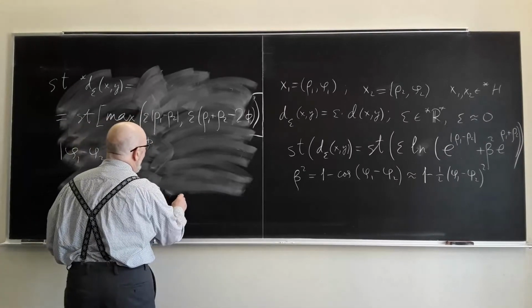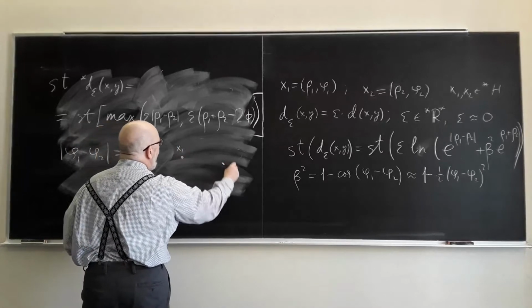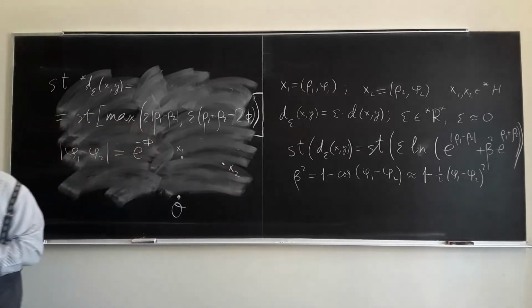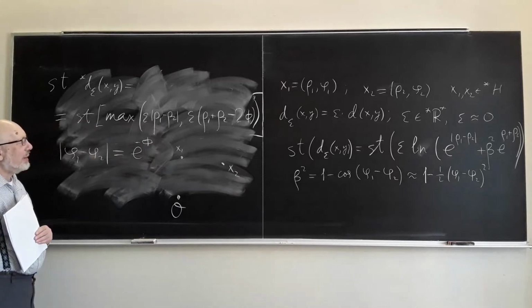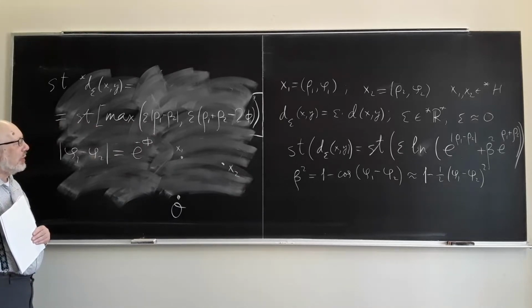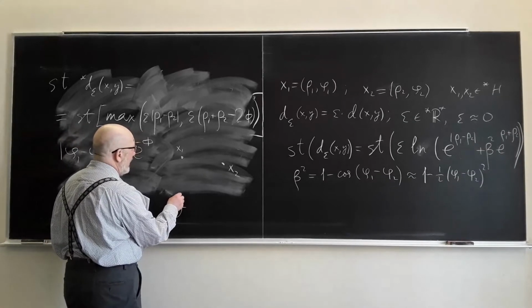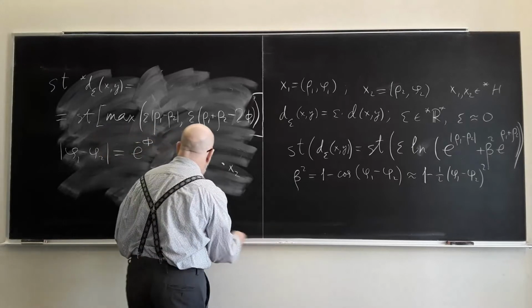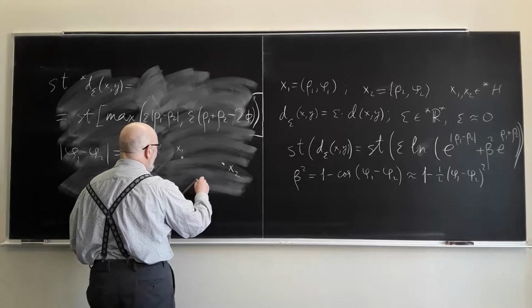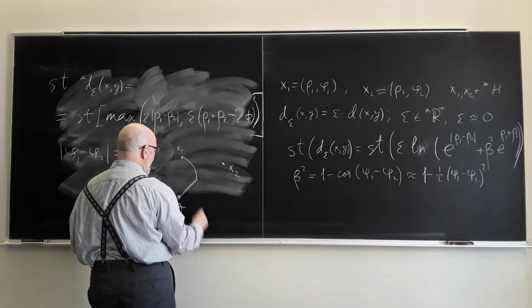If you have 2 points x1 and x2 far away, so the distance from O is large, then the picture in the hyperbolic plane looks as follows: the geodesics from O to x1 and from O to x2 go for some time very close to one another, and then all of a sudden they diverge like this.